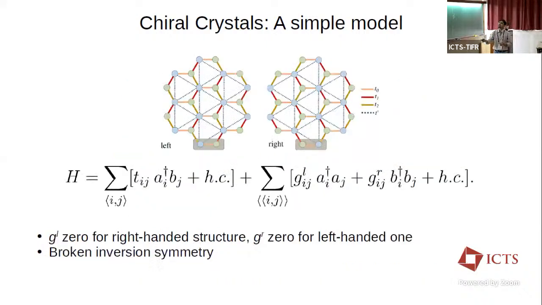Tij is just the nearest neighbor hopping. Remember they are unequal, T0, T1, T2. And then there is this next nearest neighbor hopping, which takes you from A sublattice to A sublattice or B sublattice to B sublattice. That is finite. So these G's are, for example, GL will be 0 for a right-handed structure, and GR would be 0 for the left-handed one, and vice versa. And overall, this structure breaks inversion. It's also chiral.